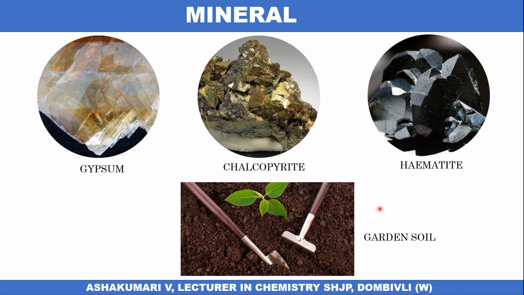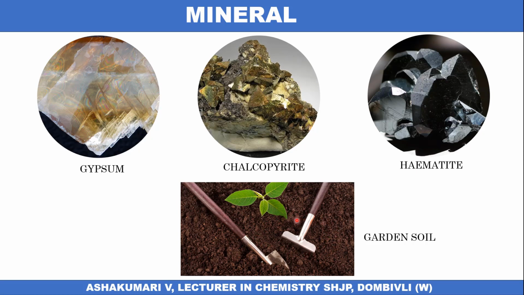To make the concept clear, let me explain with a simple example. Consider garden soil. It contains iron, but can you extract iron from this garden soil? No, you cannot. Even though garden soil is a mineral of iron, the percentage of iron in this garden soil is very less.